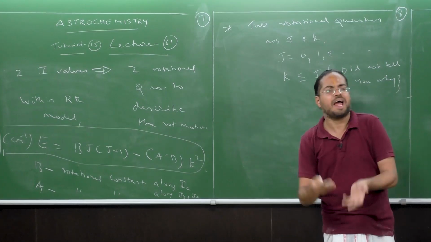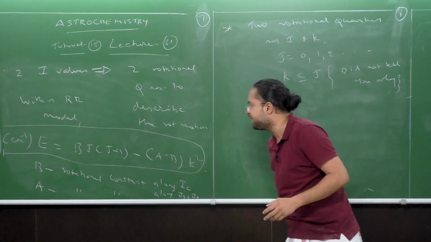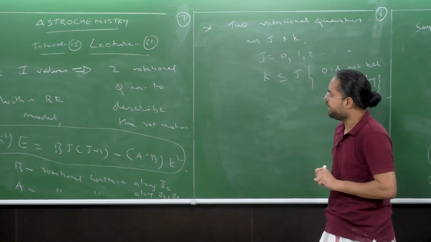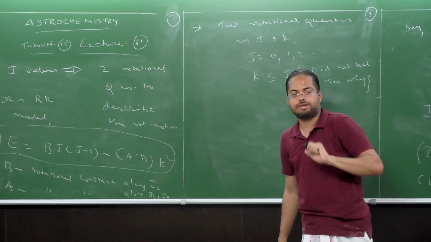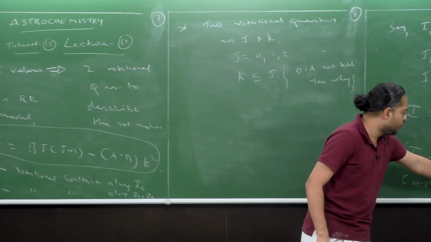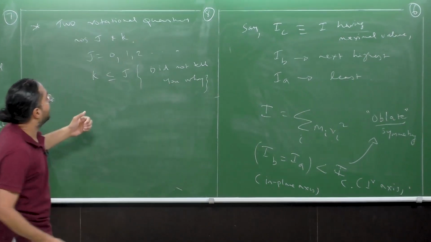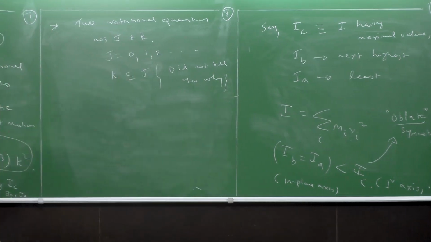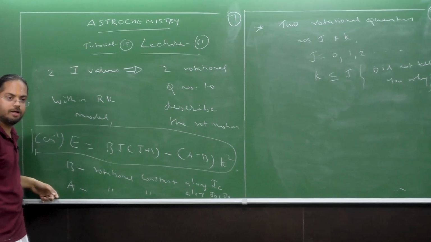Because we are entirely skipping the math in this course, we need not worry about how this comes about. So this is the expression, and the key idea to note is that the moment I have two different moments of inertia values, I understand that two quantum numbers are necessary, and likewise, two different rotational constants are also necessary. Are we all good?